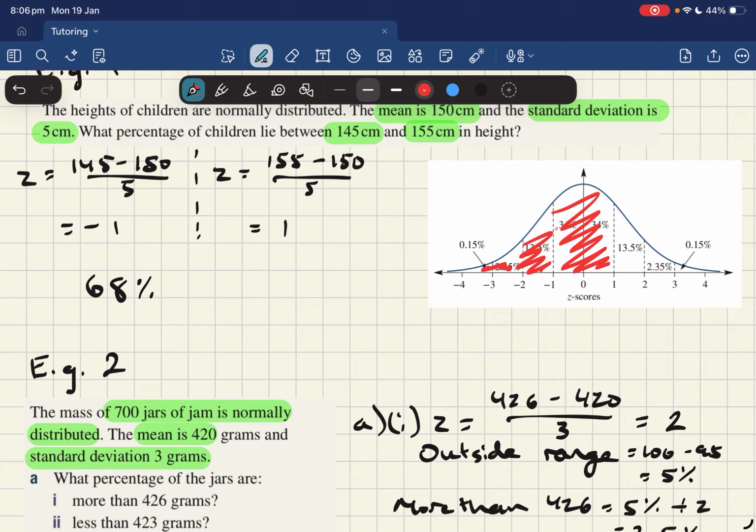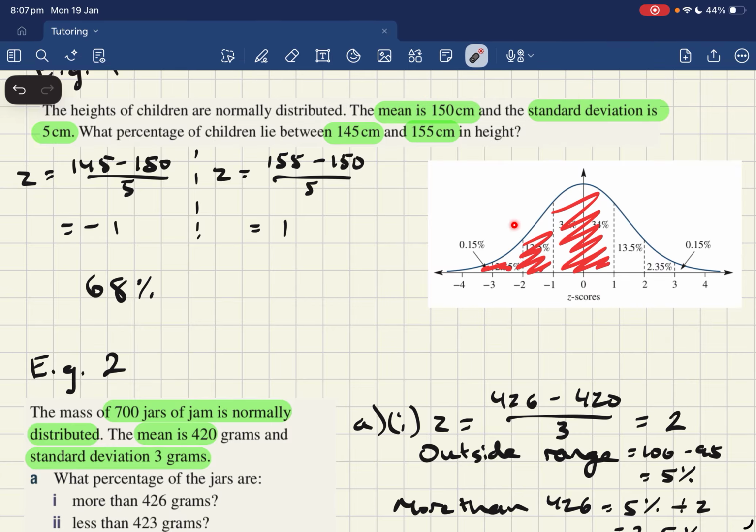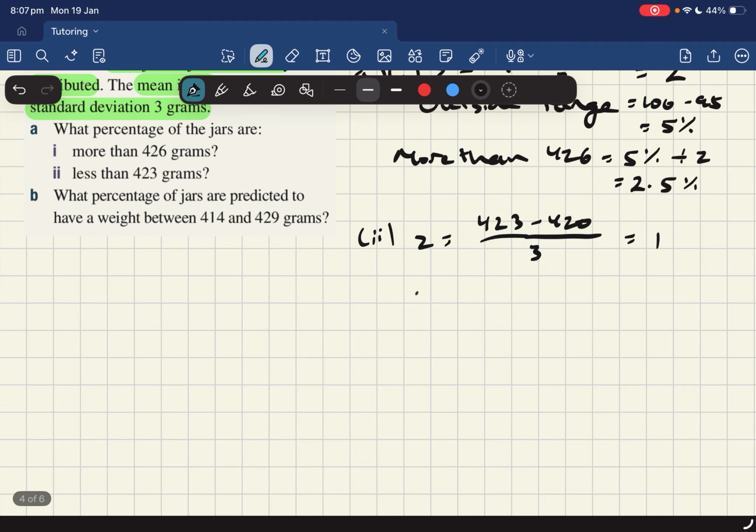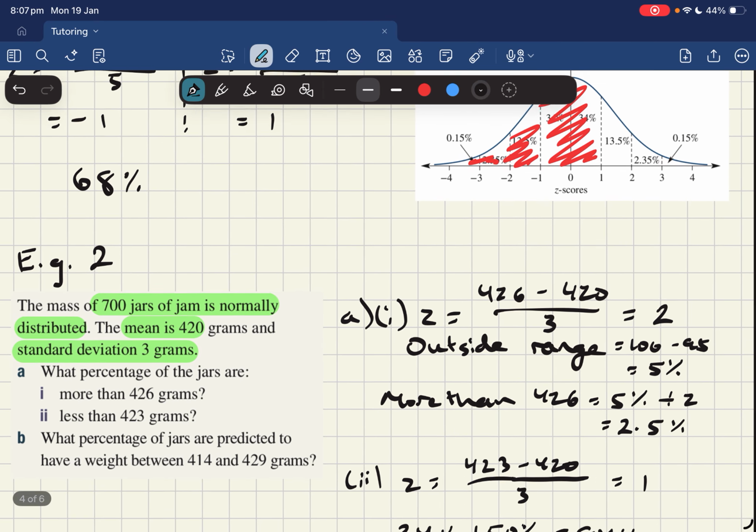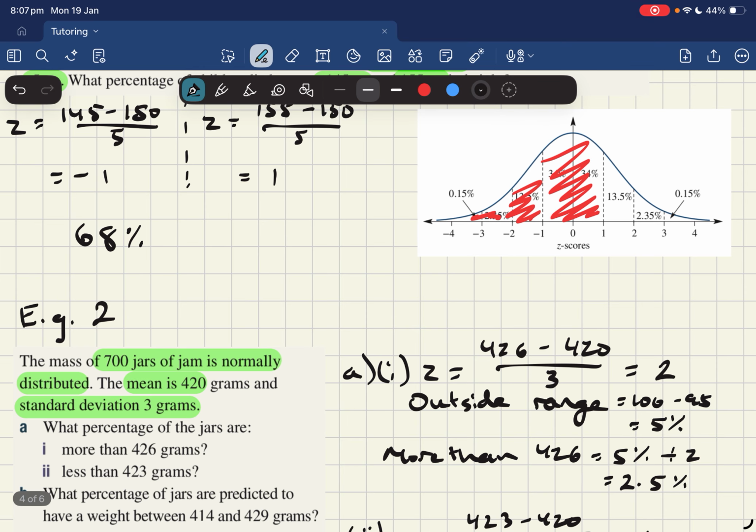Remember, on the left-hand side of the mean, this part makes up 50% plus another 34%. So our percentage is 34% plus 50%, which equals 84%. So to have a score less than 423 grams, there is an 84% chance. So 84% of our scores are less than 423.